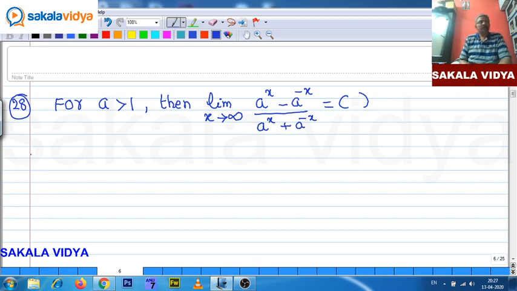So now the first option is 1, second option is 1 by 2, third option is 1 by 3, fourth option is minus 1 by 15.